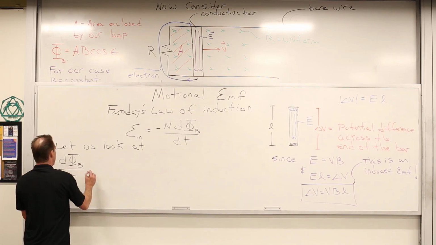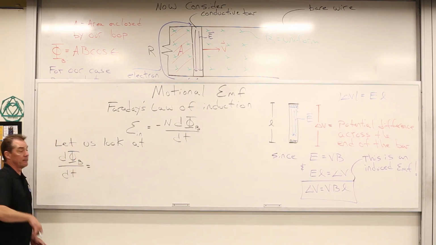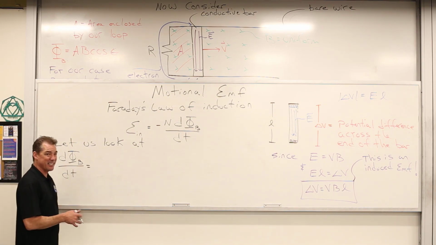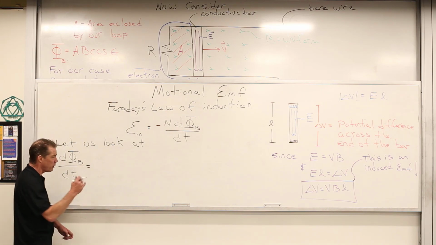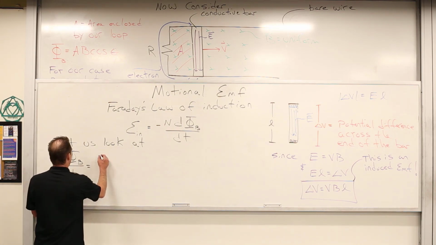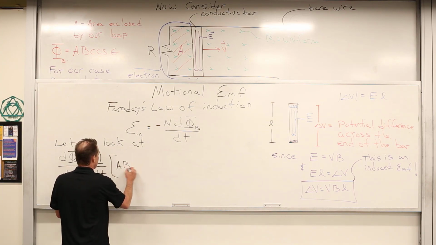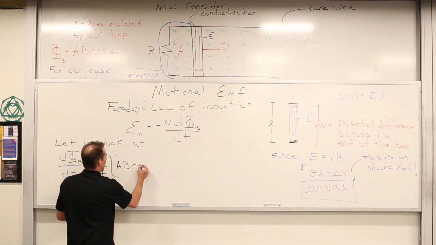Well, we've just said that phi sub b, the flux itself, is AB times the cosine of theta. B is a constant, and theta is equal to 0 degrees. Cosine of 0 is equal to 1. So we've really got that this is d by dt of A times B. We'll write it out in a couple steps.